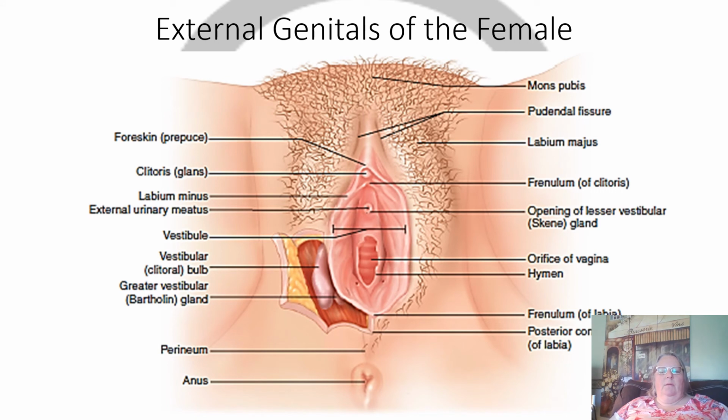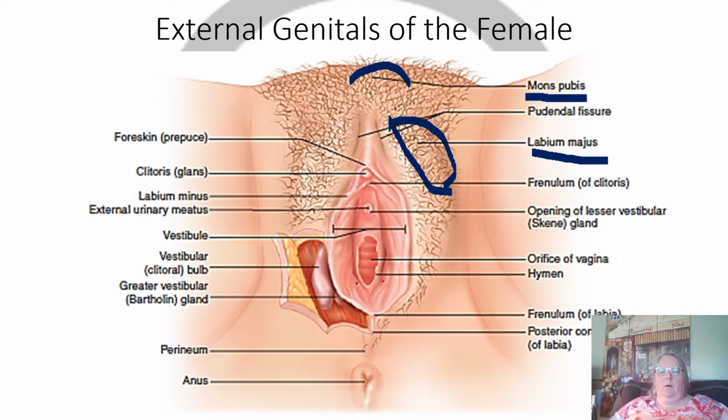Let's walk through the external genitalia of the female. So the mons pubis is up here with the hair, that bump right here. The labia majora, that's this part that's out here. Okay.